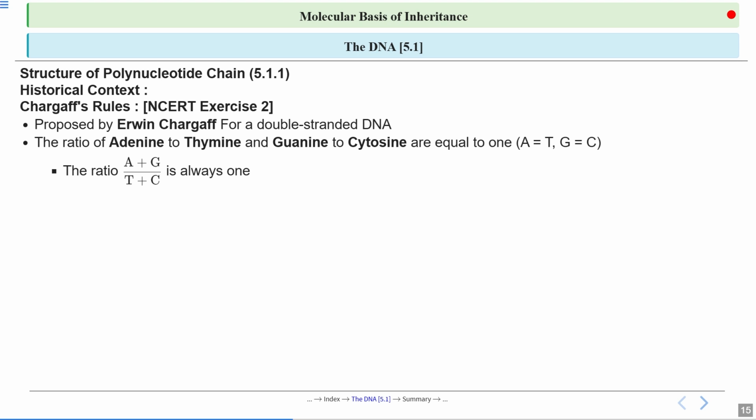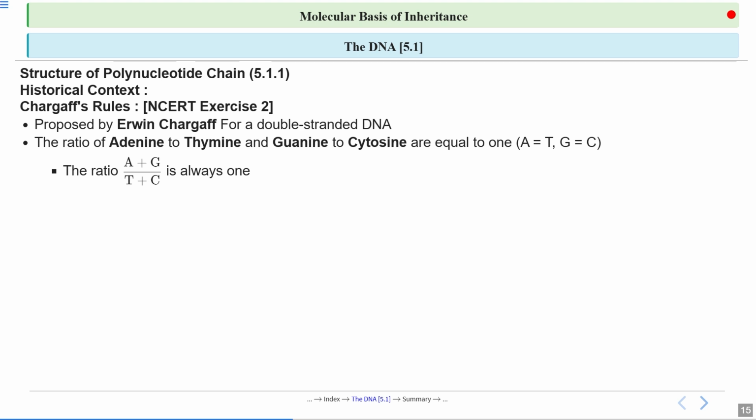Because A binds with T, they complement each other, and A binds with T with the help of 2 hydrogen bonds. It means if there are 5 A in the DNA helix, then there will definitely be only 5 T in that helix. If there are 20 G in that DNA helix, then there will be 20 cytosine only.